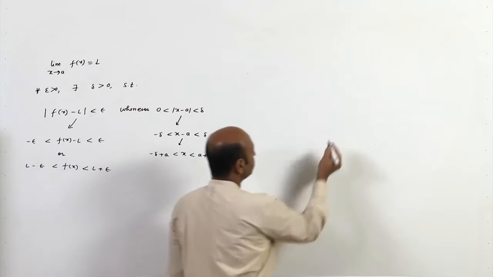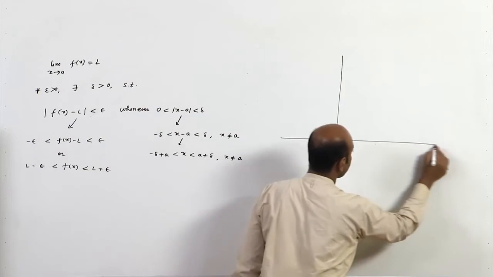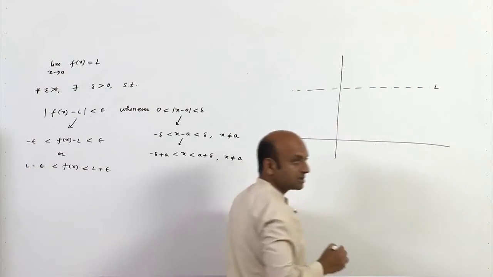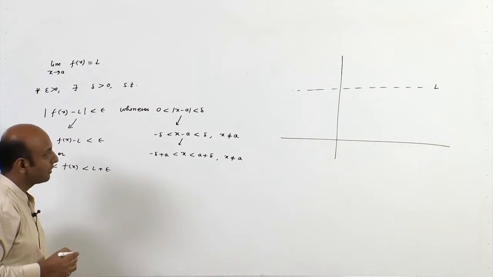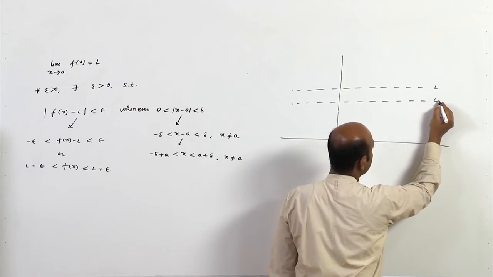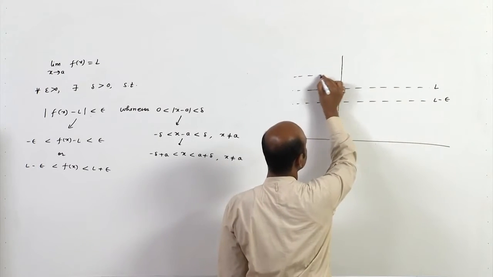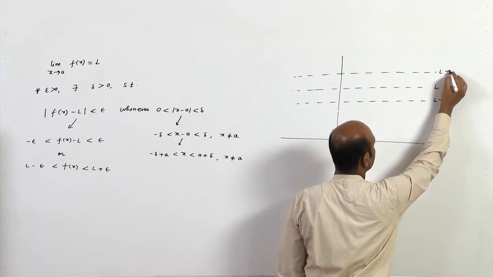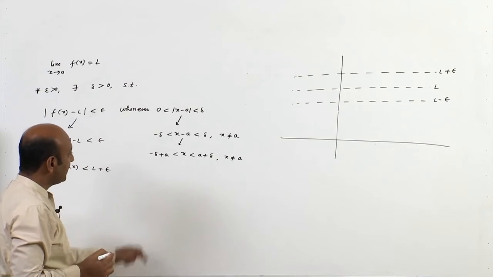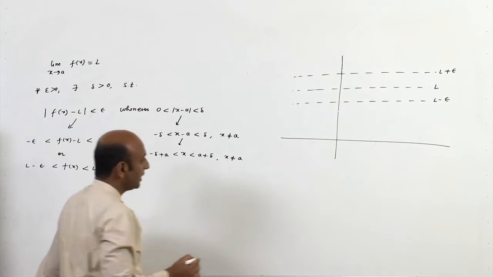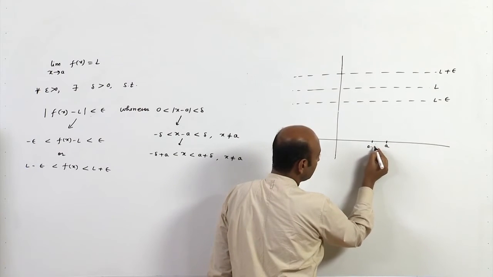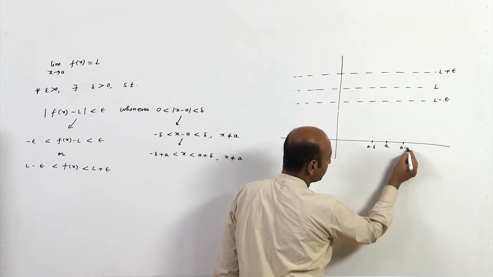So this means, suppose this is L, this is f(x) equal to L. Now this is L minus epsilon and this is L plus epsilon. Now, x is between a minus delta and a plus delta. Suppose this is x equal to a, this is a minus delta and this is a plus delta.